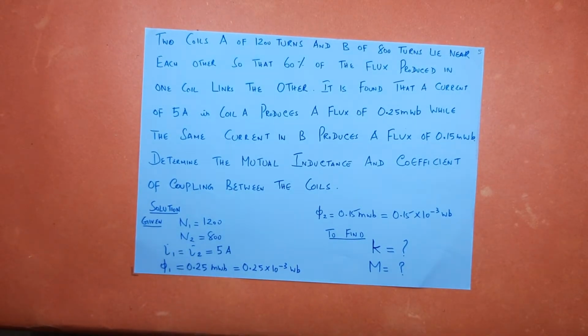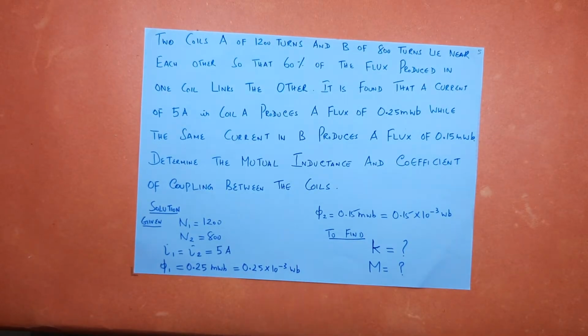Now we will list the given quantities. Given N1 equal to 1200, number of turns of the first coil, N2 equal to 800. The current through both the coils, same current in B. Okay, so I1 equal to I2 equal to 5 amperes. Phi 1 they have given us 0.25 milliweber. So you can write 0.25 into 10 power minus 3 Weber.